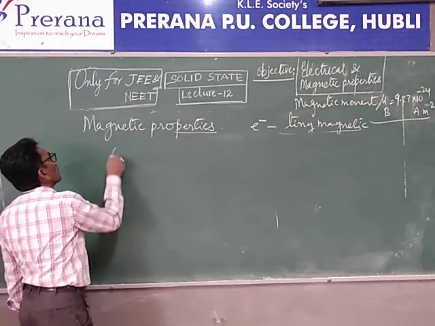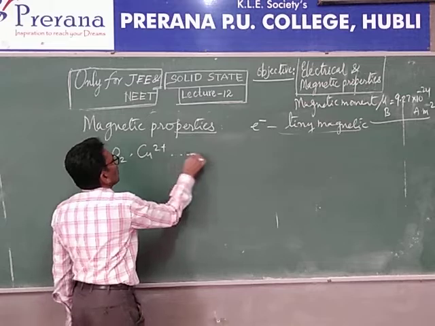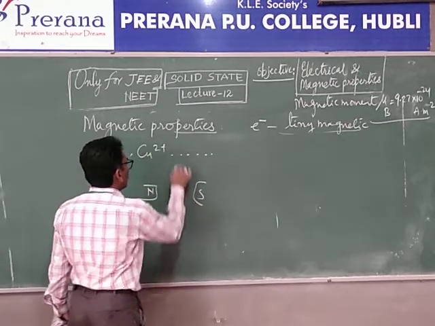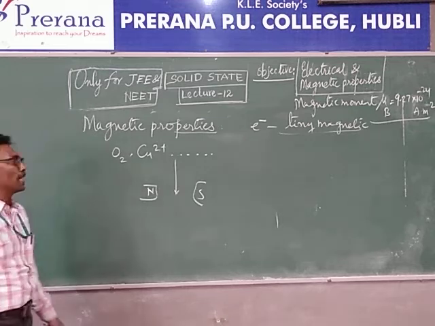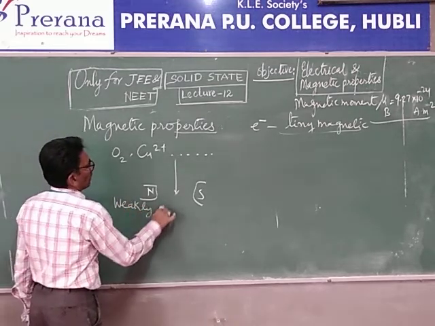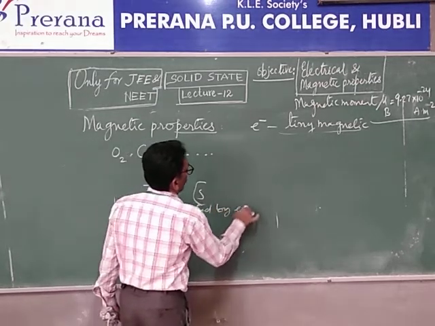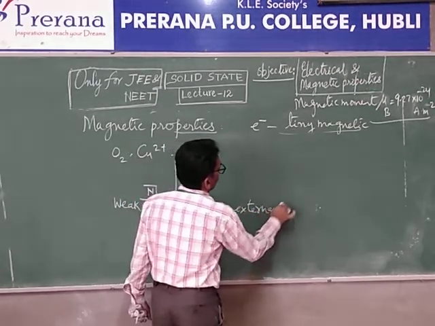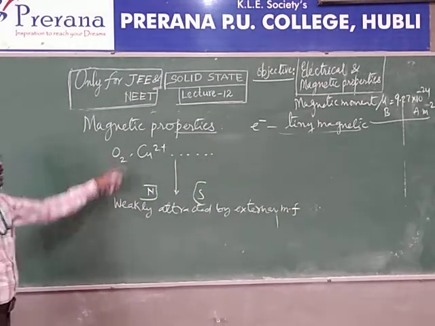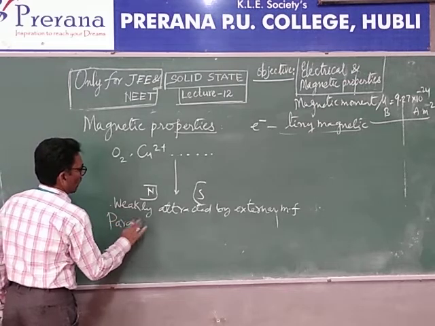Some materials like oxygen, copper 2+, etc., when kept in an external magnetic field, are weakly attracted by the external magnetic field. Such materials are classified as paramagnetic materials. Paramagnetism.